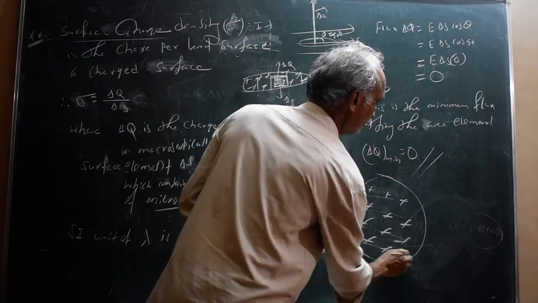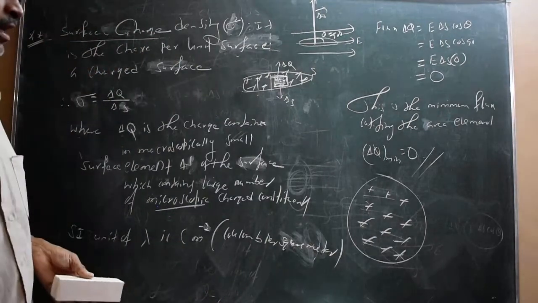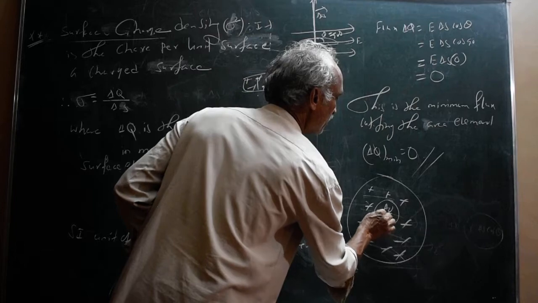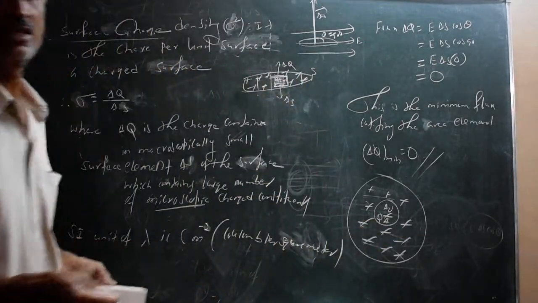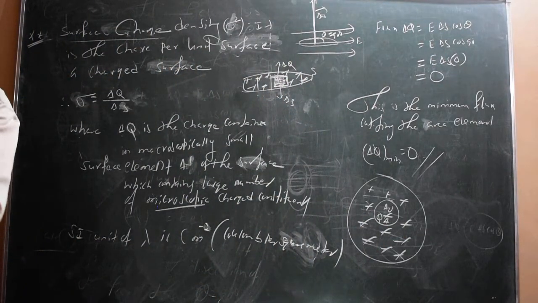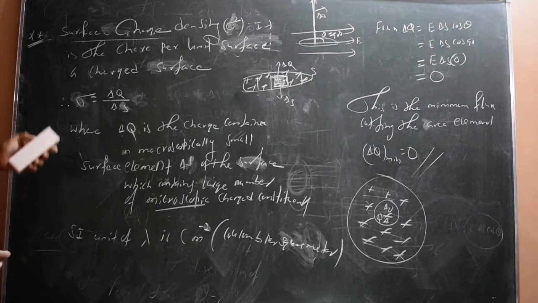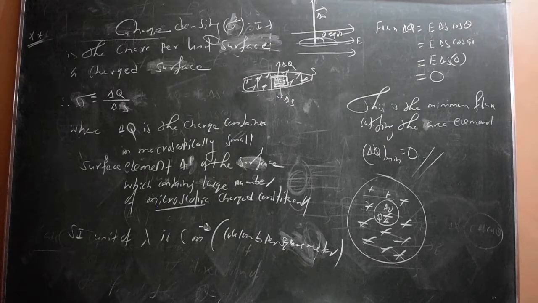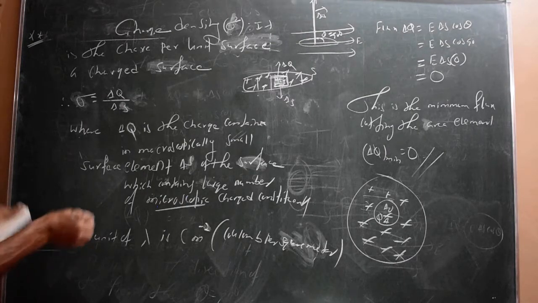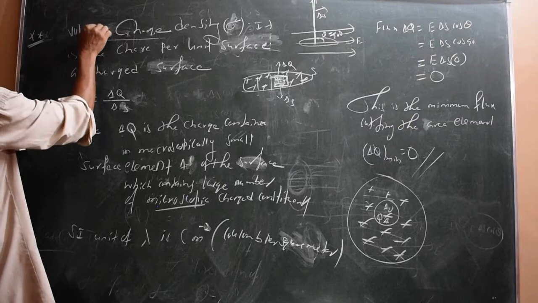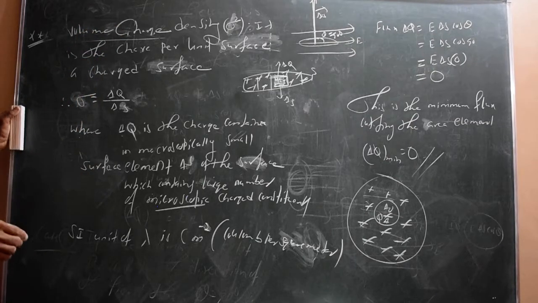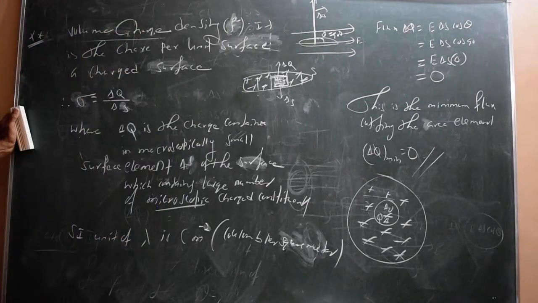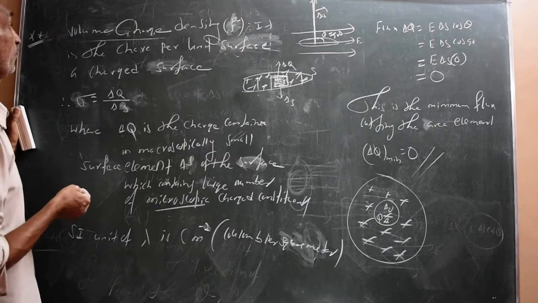Then take a small volume element with charge delta Q. Let us define the charge per unit volume. The charge per unit volume is called volume charge density, or simply charge density. Its symbol is rho.